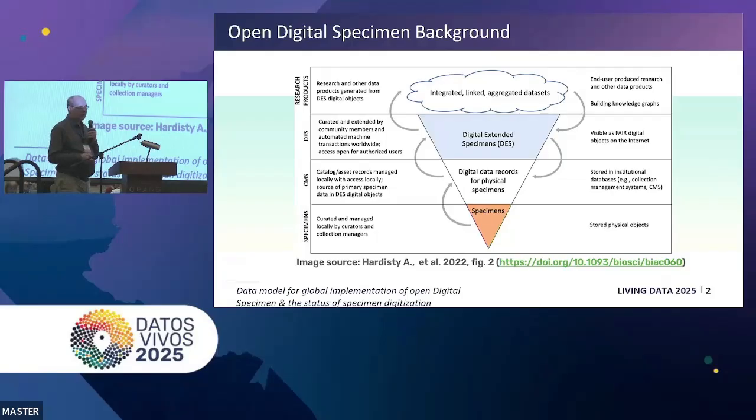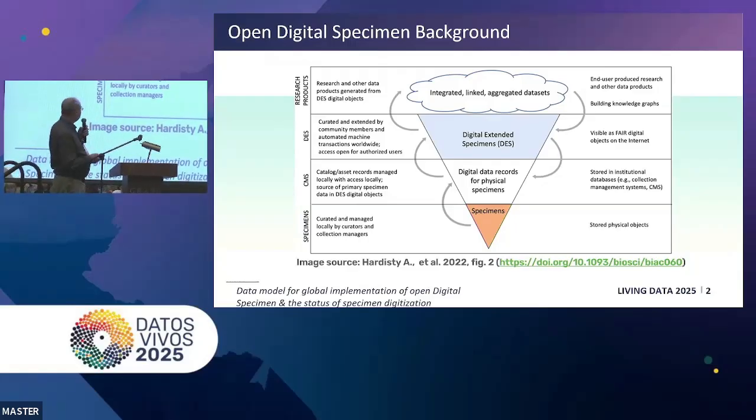A couple of years back, we had a consultation that was led by GBIF on digital extended specimens, which led to the common vision that we need to have a global network of digital extended specimens. And since then, we have started to work on the technical implementation of that, which led to the Open Digital Specimen data model, which you can see as a specimen-specific implementation of the Darwin Core unified model, the new model that was presented yesterday.